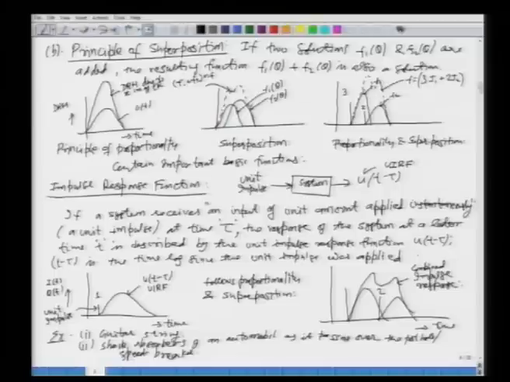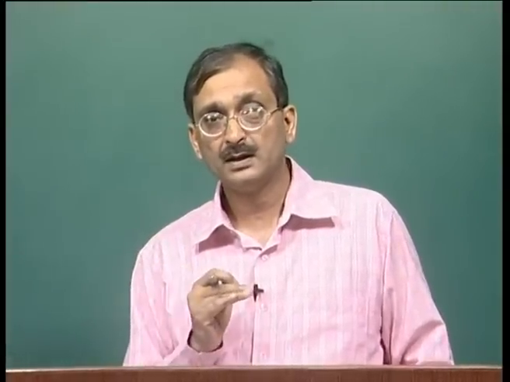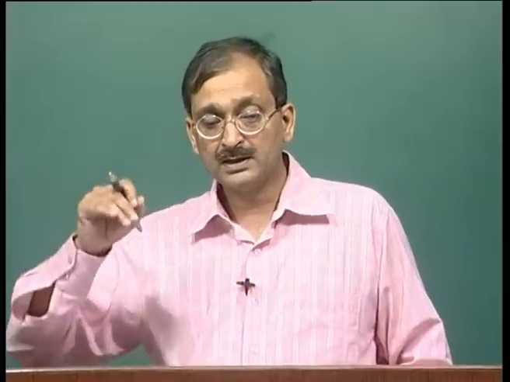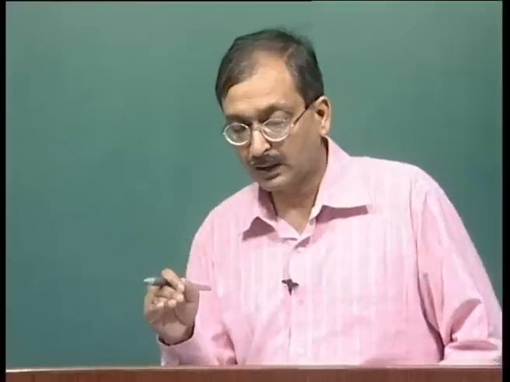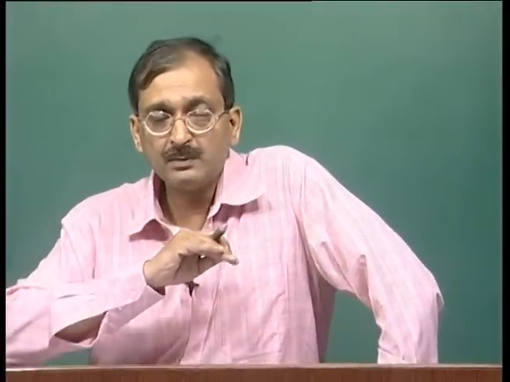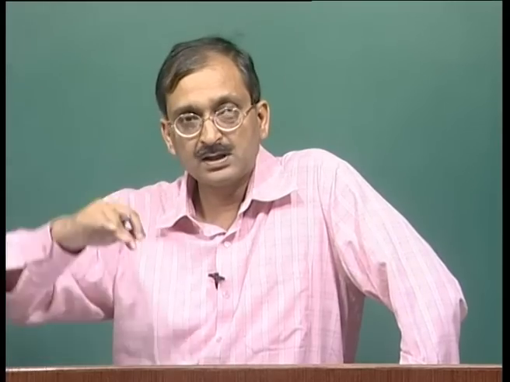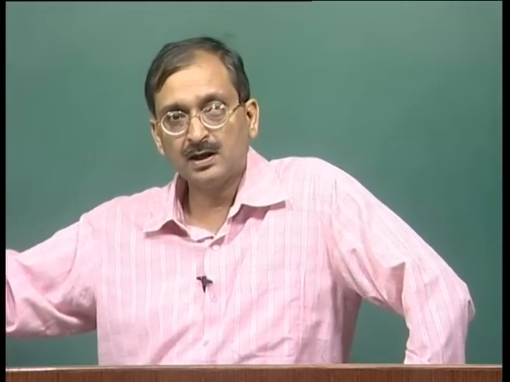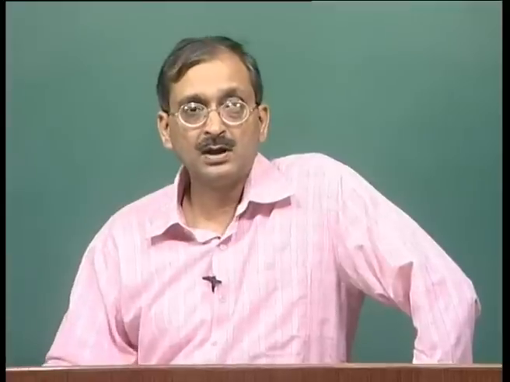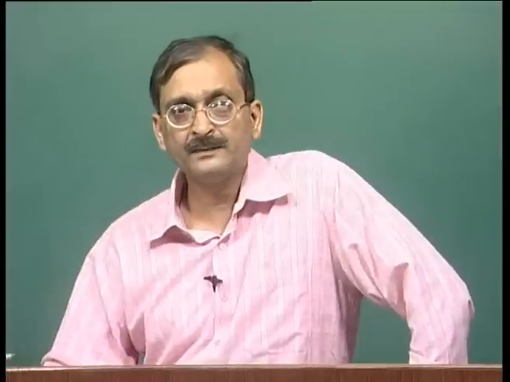Let us say you are sitting in a car, you are going along. Suddenly, you go over a hump, a speed breaker or a pothole. What happens to the shock absorbers of that automobile or that car? Some impulse or some force is applied on the shock absorbers due to the movement of the vehicle on the speed breaker. So, they will have some response, and after some time it will die down. So, that kind of response is also described by what is called the impulse response function, which will be different in nature, of course.